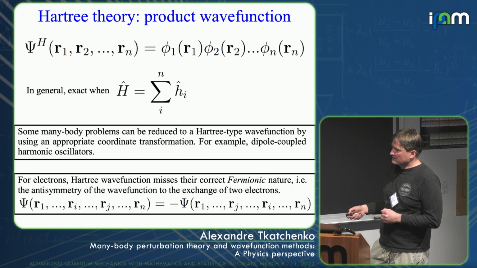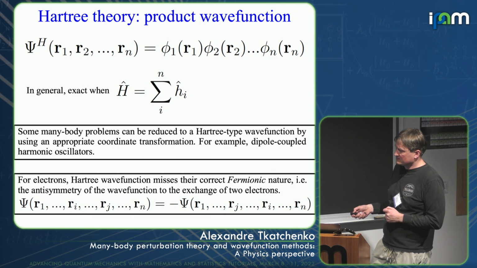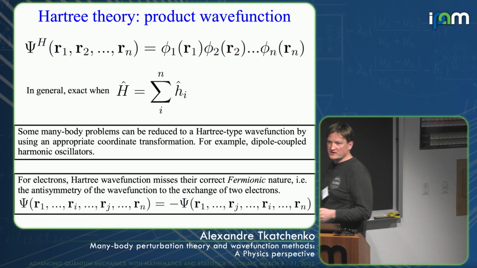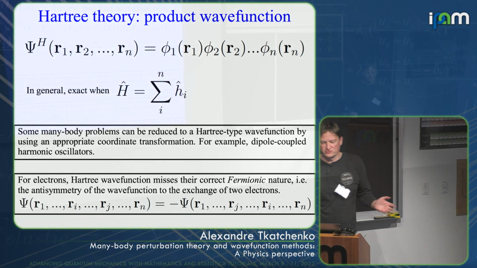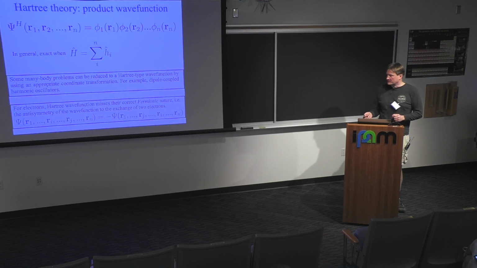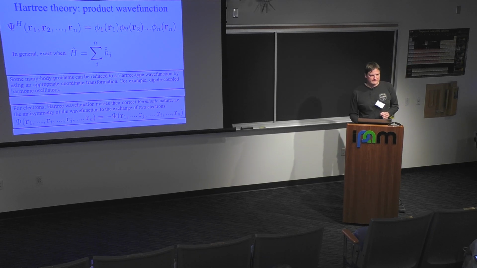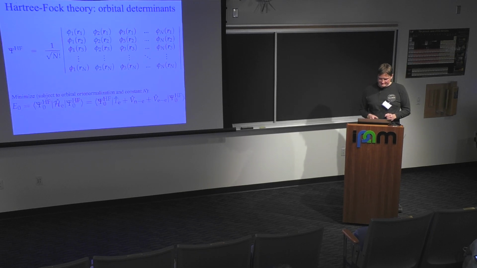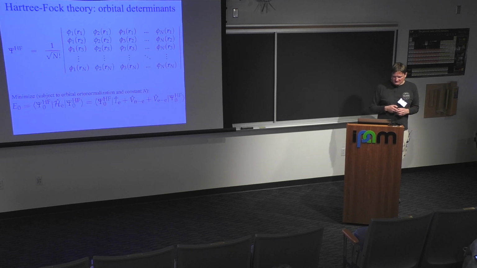So the biggest challenge of Hartree-type wave functions is that they do not treat the fermionic nature of electrons, so they don't satisfy the antisymmetry requirement that electronic wave functions should satisfy, which means that if you have two electrons, Ri and Rj, and you exchange their coordinates, the wave function should change sign. Of course, we know that determinants satisfy this criterion.